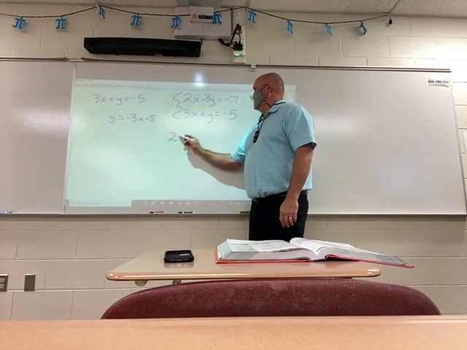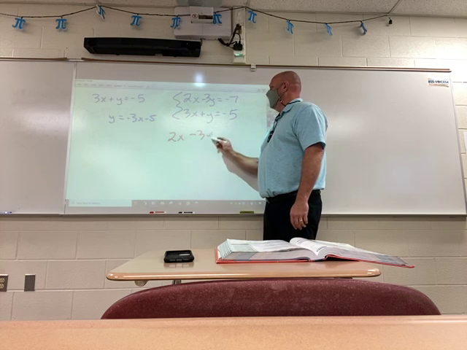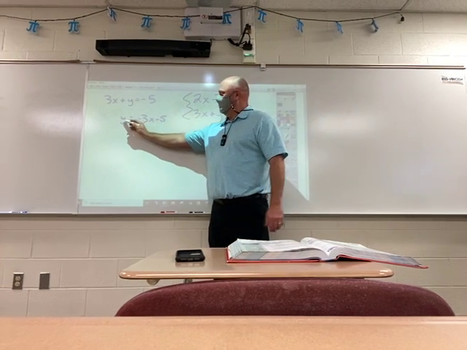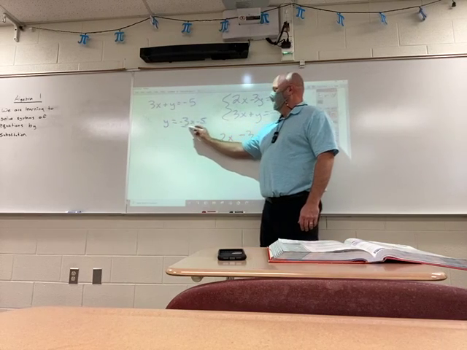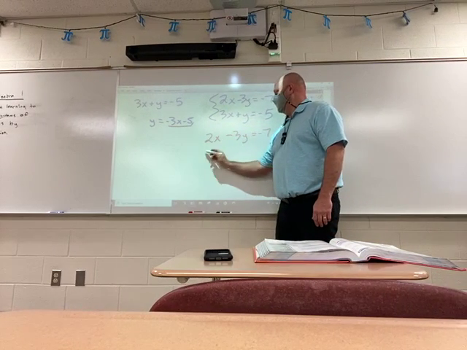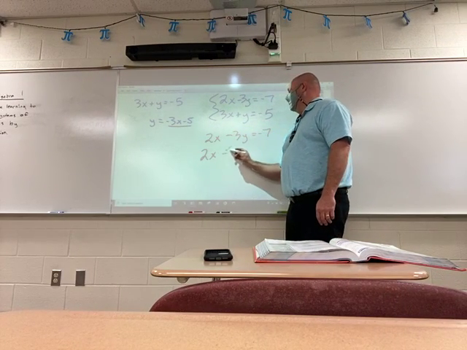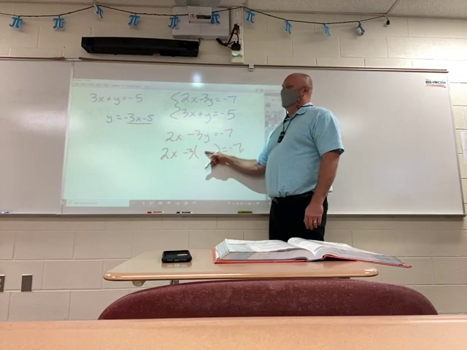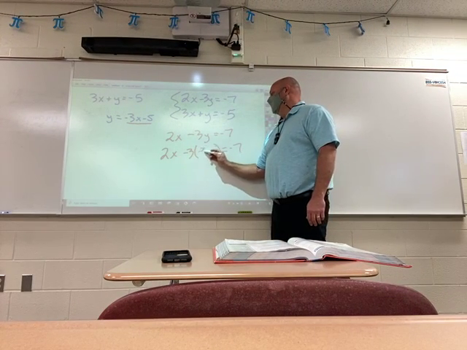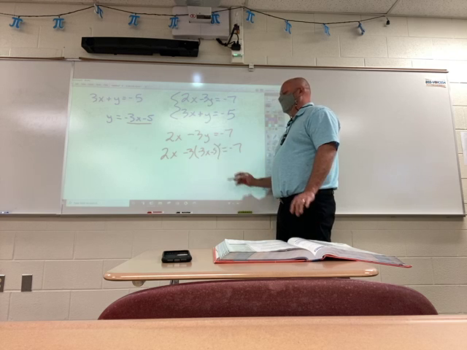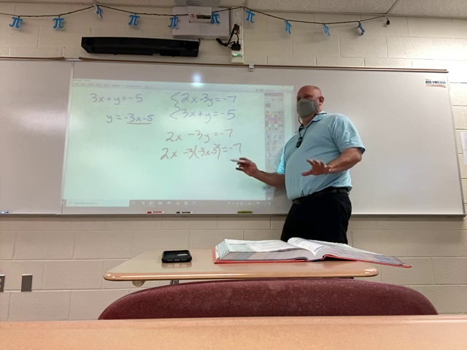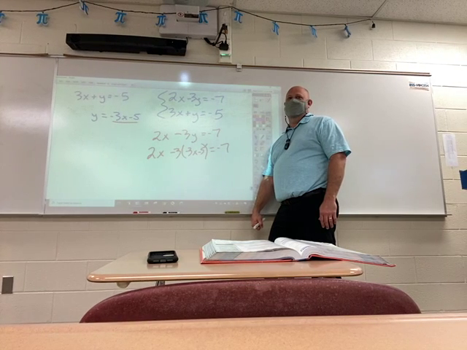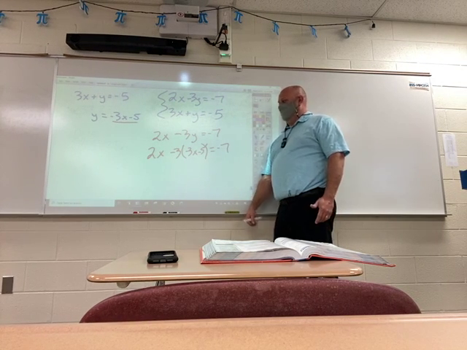So the 2x minus 3y equals negative 7, but we're going to replace the y with what it equals. So instead of this, it's going to be 2x minus 3 times the quantity negative 3x minus 5, equals negative 7. So far, so good? What's the next step? Distribute.